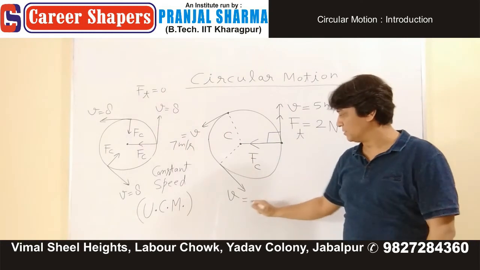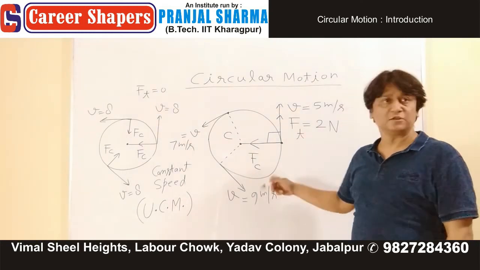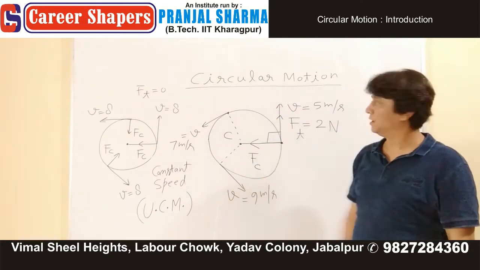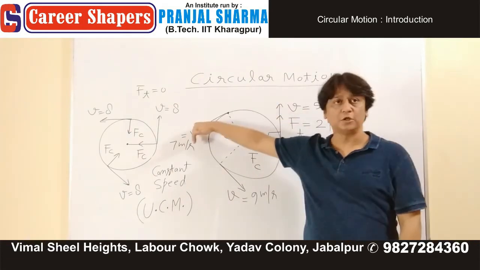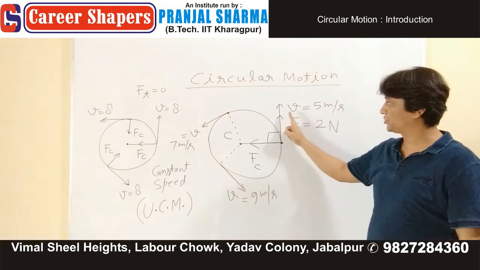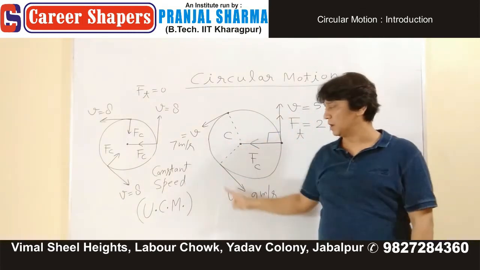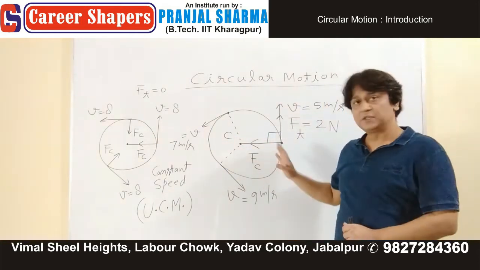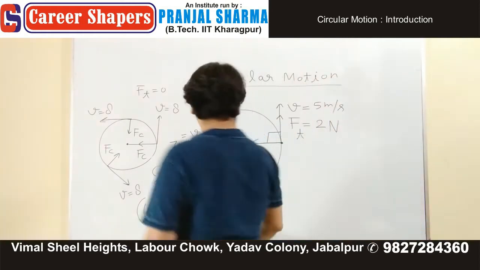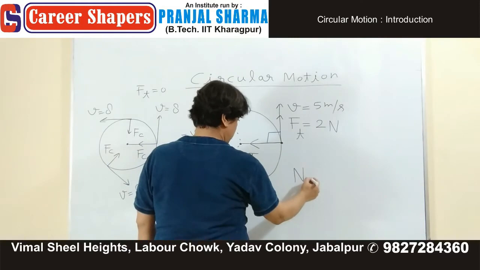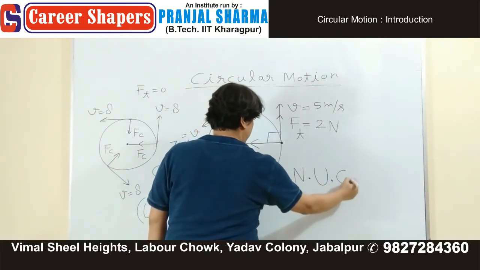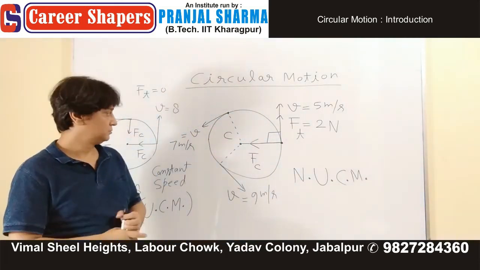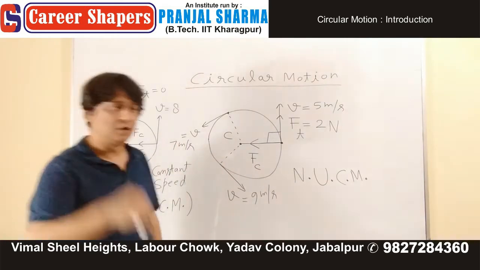When it reaches here, it becomes 9, and so on. FC is a must, it will change direction. But what is FT doing? It is also changing the magnitude. If you apply it in the same direction the magnitude will increase, if you apply it opposite the magnitude will start to decrease. This type of circular motion is called, now everyone will understand, NUCM, non-uniform circular motion. Note down these two figures and then we'll write few statements.